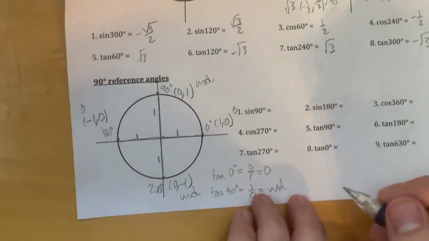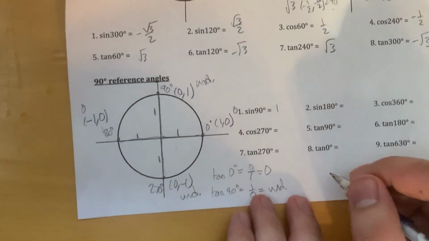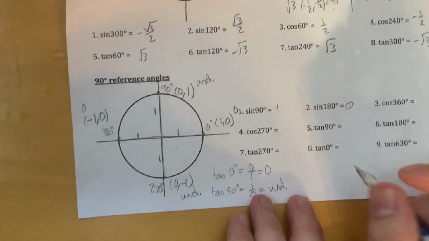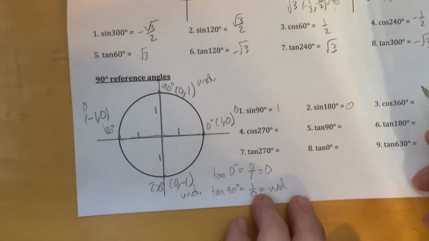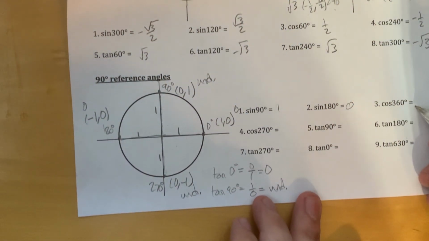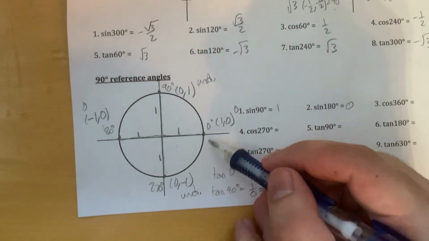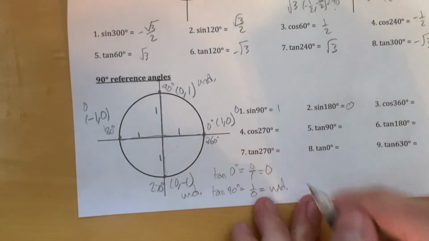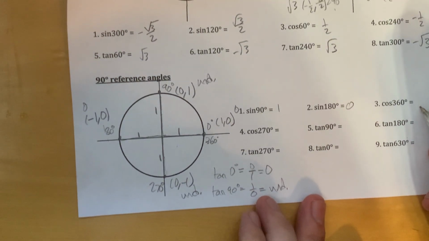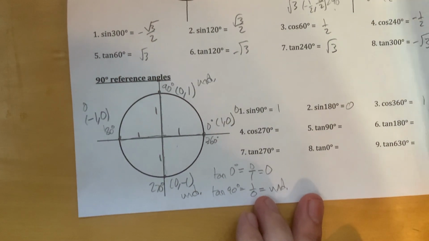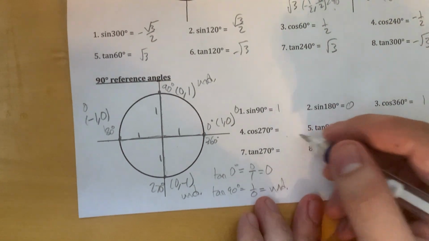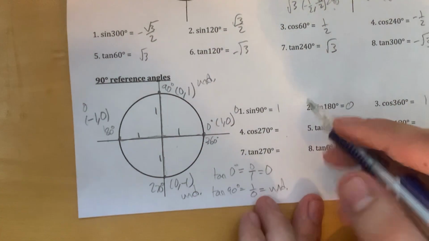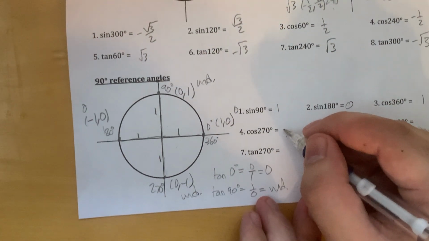So sine of 90 degrees, 1. Sine of 180 degrees, 0. Cosine of 360 degrees. Well, 360 is back at 0. 0 and 360 are the same. So cosine 360 is 1. Cosine of 270 is going to be 0.